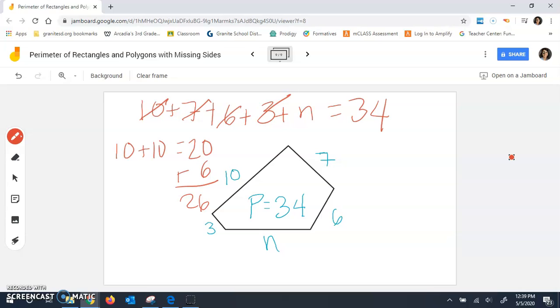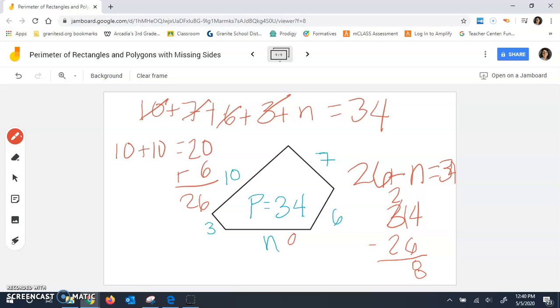So this is saying 26 plus something equals 34. 34 minus 26. If I have 4 fingers, I can't take away 6, so I need to borrow from next door. 14 minus 6 is 8. And that's our answer. This missing side is equal to 8, and that's all it's asking.